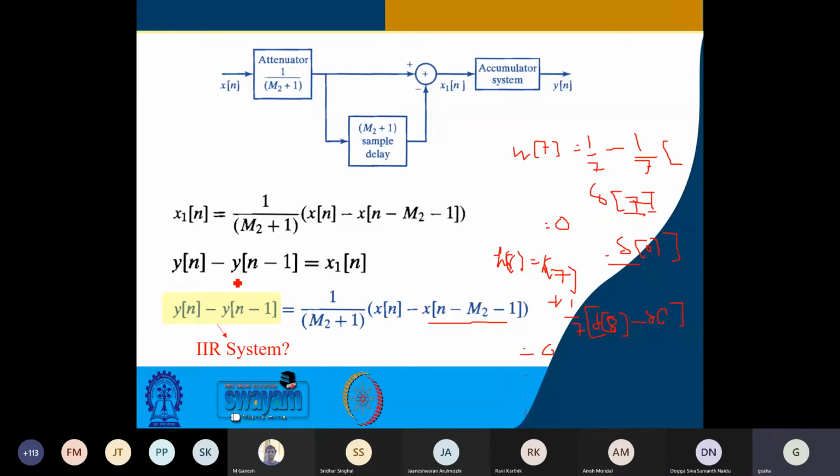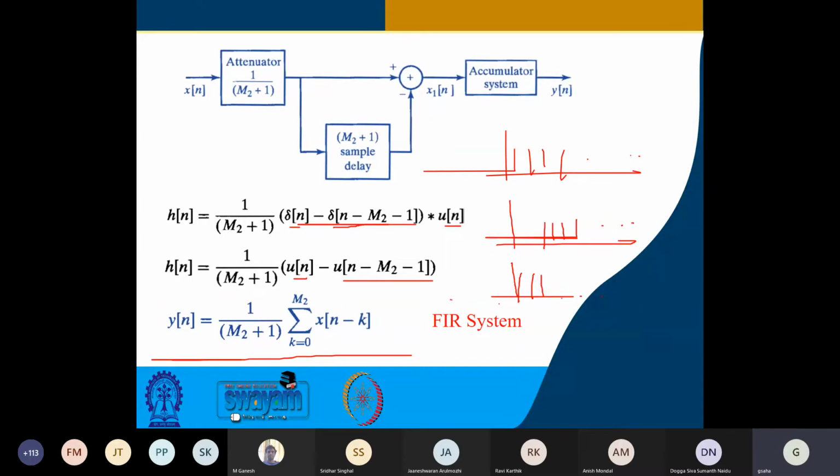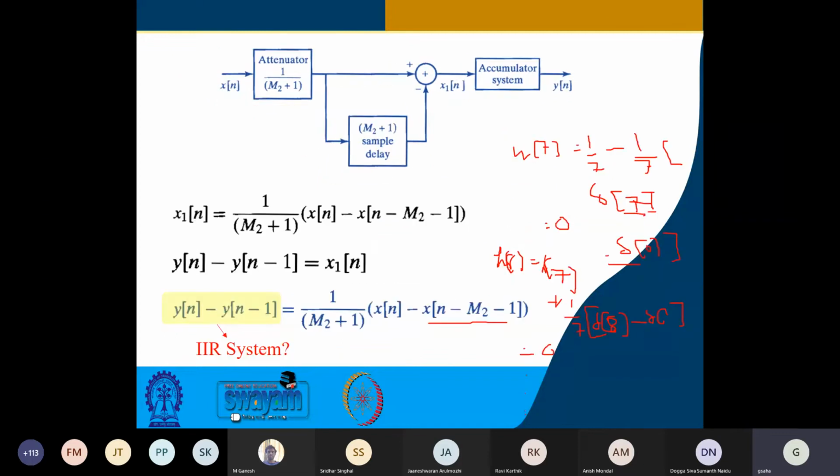Okay. So this is what your friend was telling, or otherwise also you are able to see in this manner. Is it clear? Can I get audio response? Yes, sir. Okay. So the point to be taken note of, that just because you see a reference to the past thing, it is not necessary that it will be an IIR system.